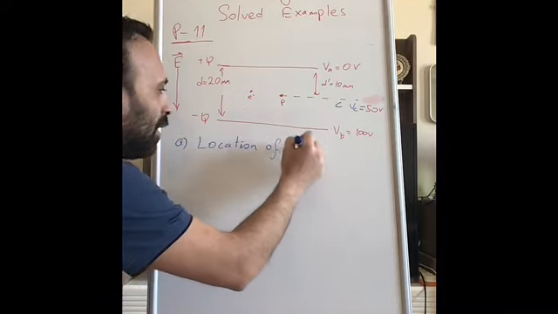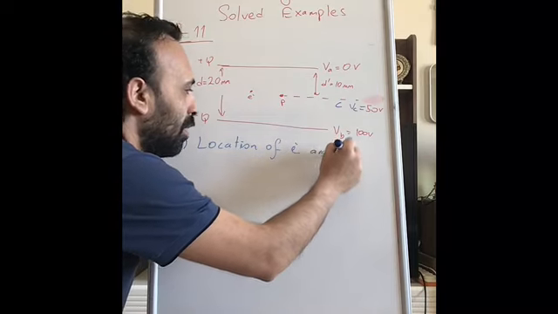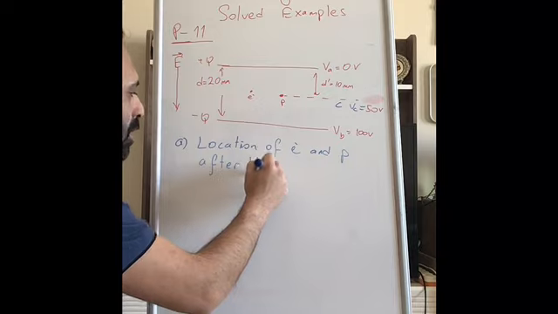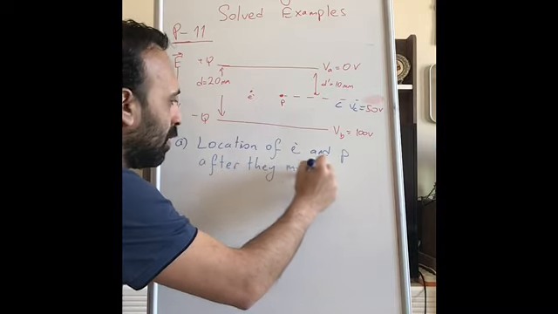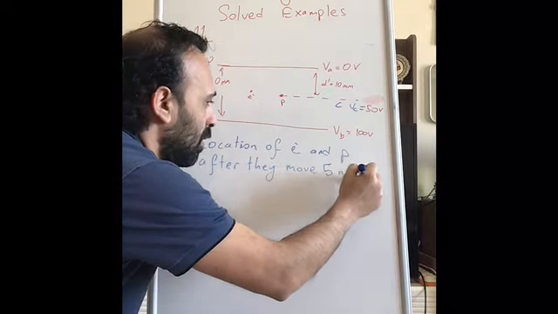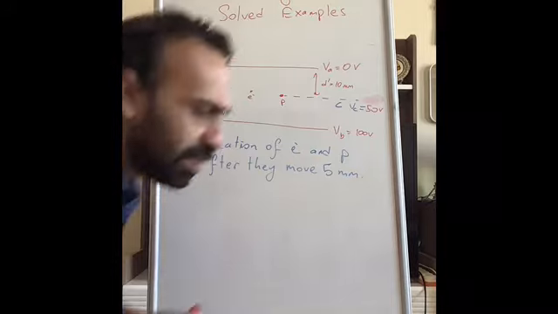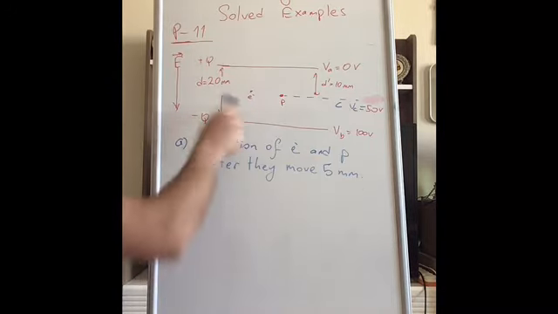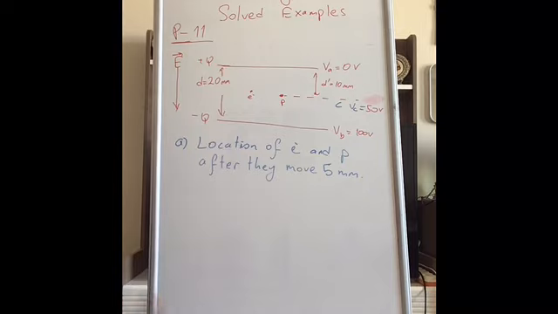Now, we don't need to calculate anything, we just need to use what we know so far. We have electron, which is carrying negative charge, elementary charge, remember, and the proton, which is carrying positive charge. I mean, the magnitudes of the charges are equal, but opposite sign.